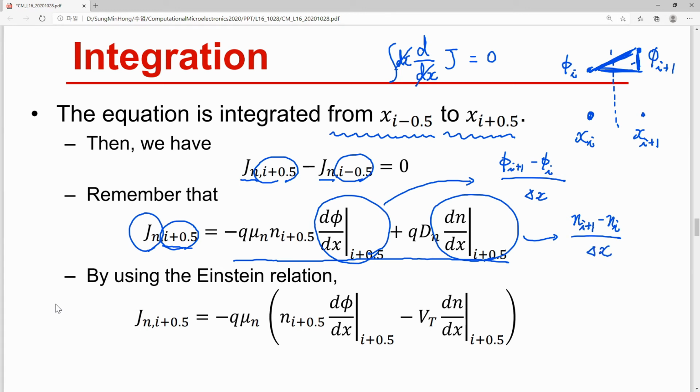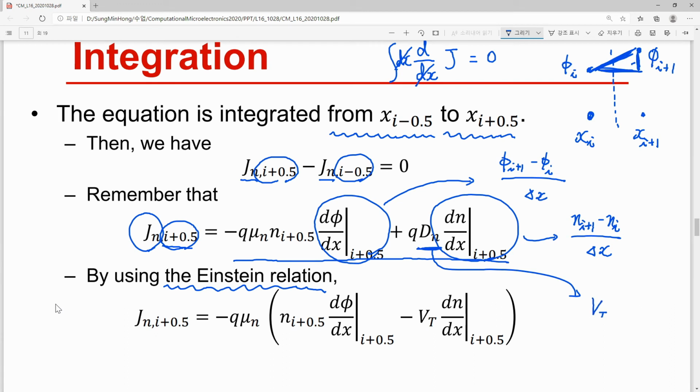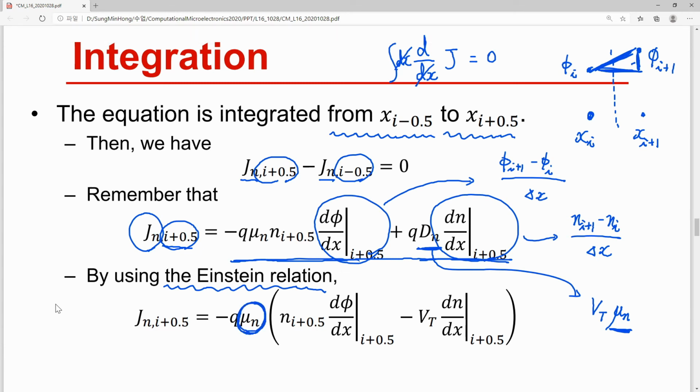We can easily discretize them. Of course, here we have D sub n, which is quite annoying, but we can kick it out by adopting the Einstein relation. So instead of D n, we can express it as Vt times mu n. Now this drift term and diffusion term both share the mobility. So now we can pull out our mobility here, and this expression becomes even further simplified.